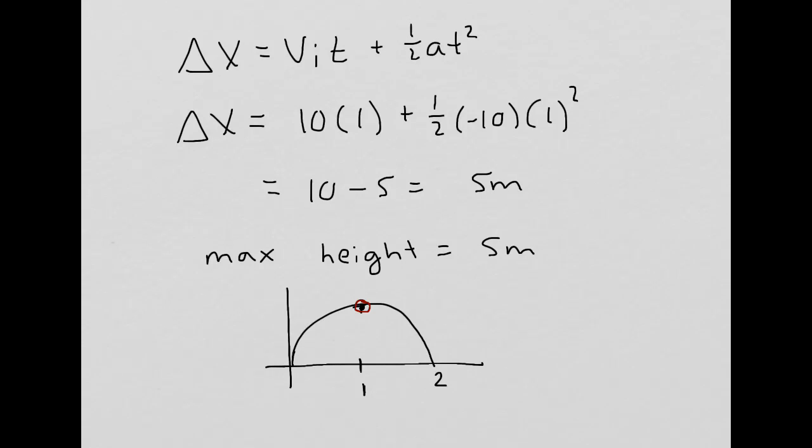So one last question you might be asked is, what is the speed of the ball when it hits the ground? Okay, so we know that the speed with respect to the horizontal is 17 meters per second, but we don't know what it is with respect to the vertical. But I can find it because we know this formula. We know that VF equals VI plus acceleration times time.